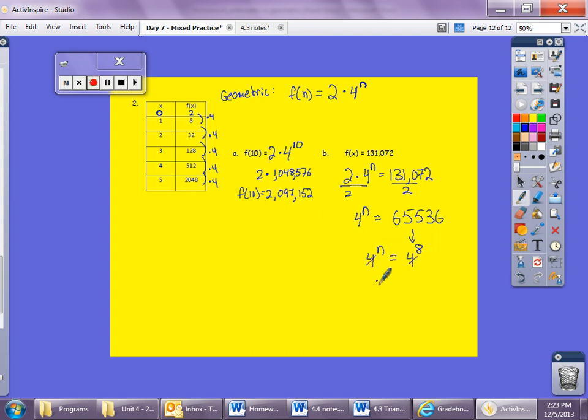Same base, so n is equal to 8. And that's how we set this one up and solve it.